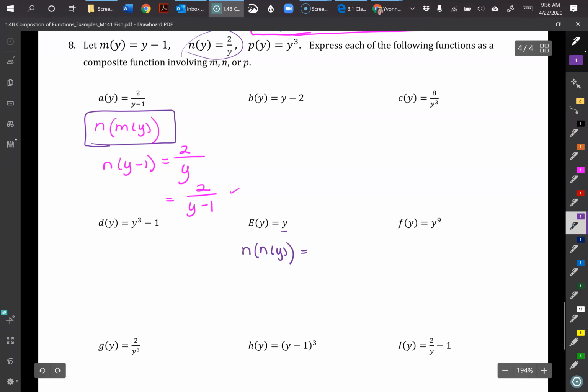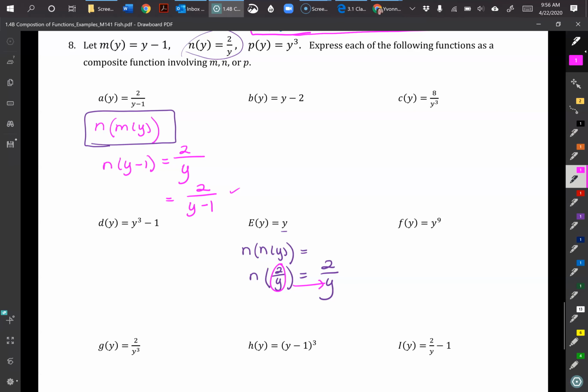So that's going to be n of 2 over y equal to 2 over y, and then take that inside and put it in for y, and I end up with 2 over 2 over y.